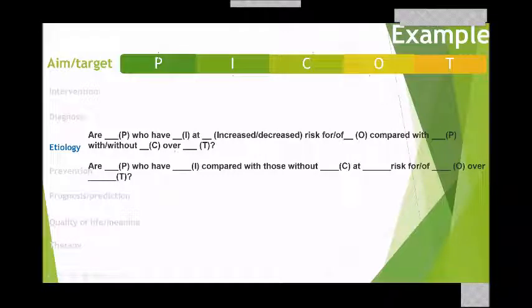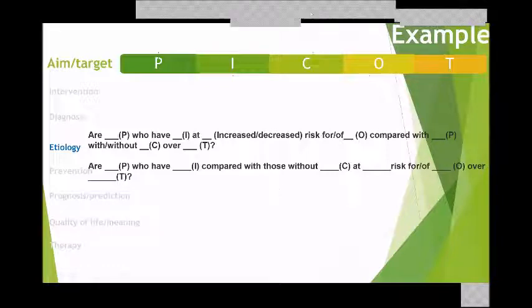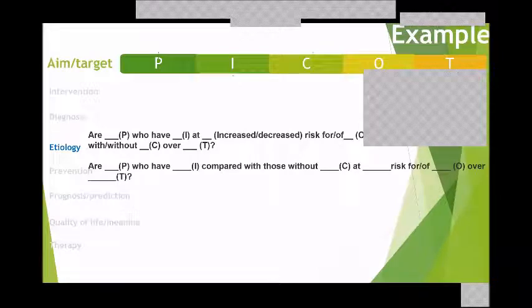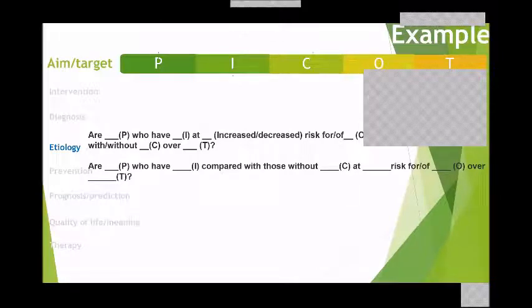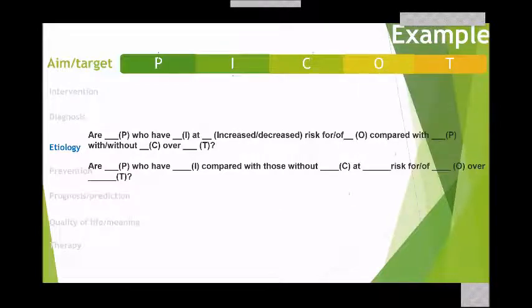Or we can ask in another way: are population who have the intervention or the indicator, compared to those without the intervention, which is the comparison, at increased risk of the outcome over a period of time? Let us make it a real question.